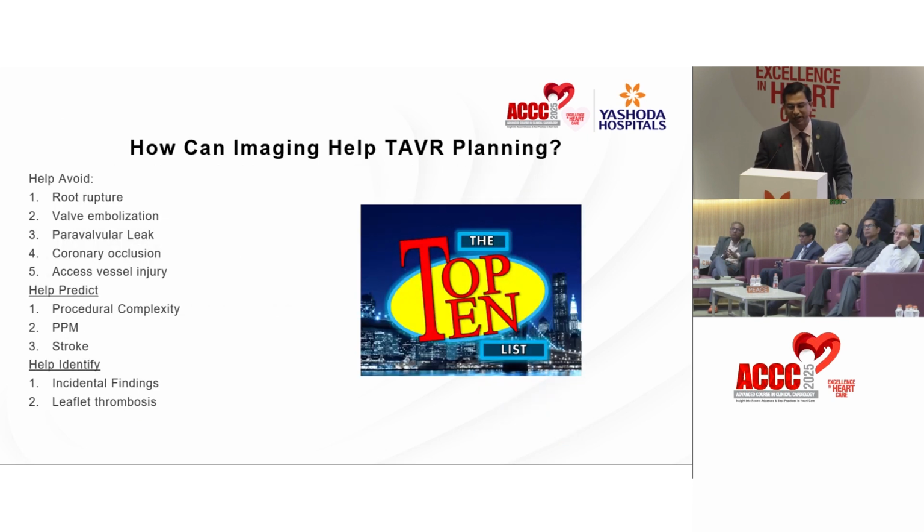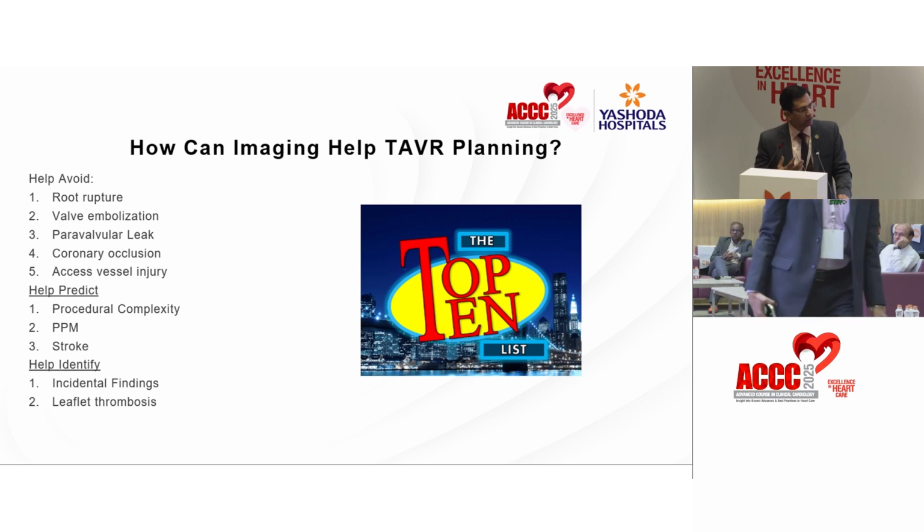So how can imaging help TAVR planning? It can give us an idea about what to expect. You can have your plan A, B, C ready for what difficulties you can have. But what is more important is that if you analyze it properly, you can avoid a lot of things.